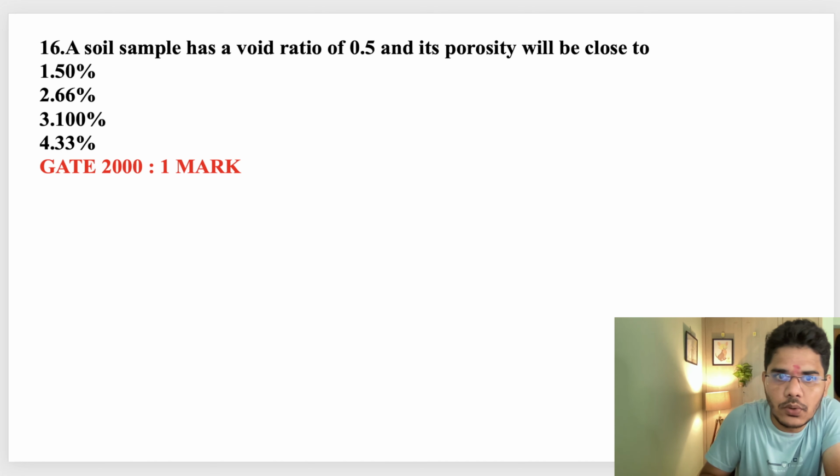Next one. A soil sample has a void ratio of 0.5 and its porosity will be close to.